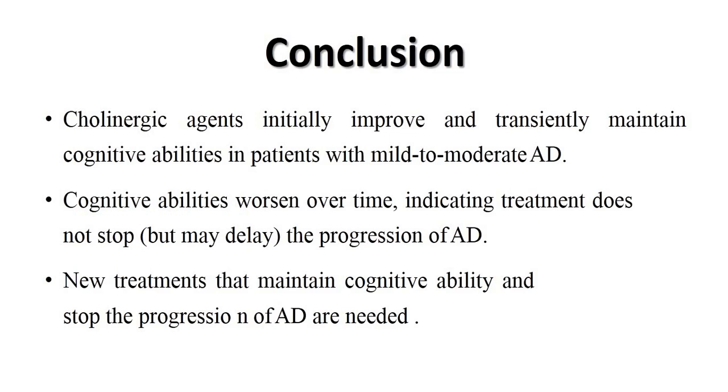Once it worsens, it indicates that treatment should not stop, but you can always delay the progression of Alzheimer's disease. There are new treatments that are available which can maintain the cognitive ability, and this can also be a SOS to stop the progression of the disease so that you can arrest the disease at an early stage.